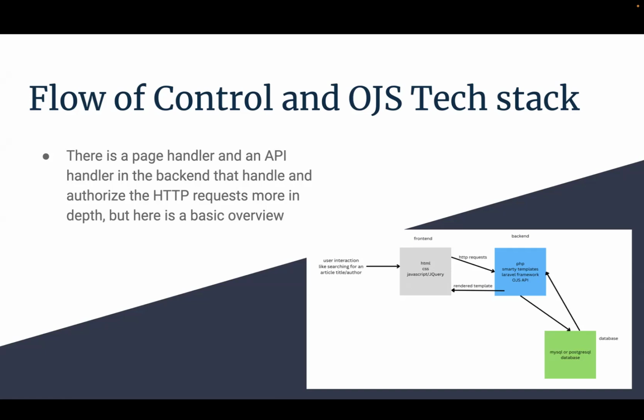The backend communicates with the MySQL database. You could also use Postgres, but we use MySQL. Then it communicates back with the backend, and Smarty templates are used to render the pages to the user.